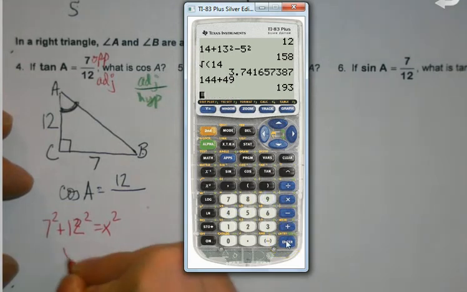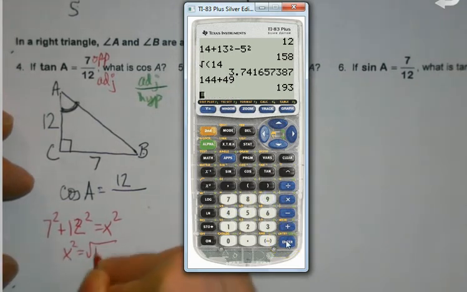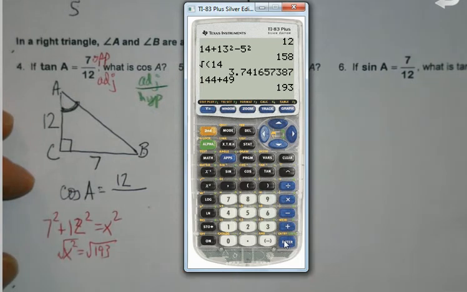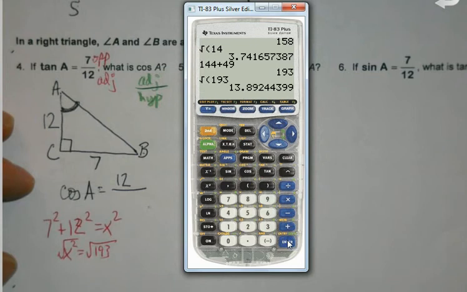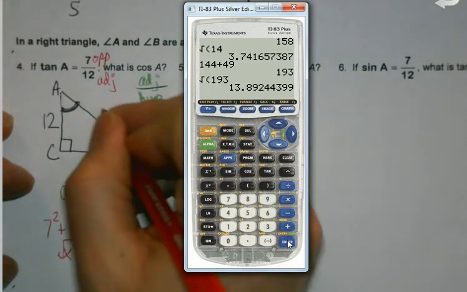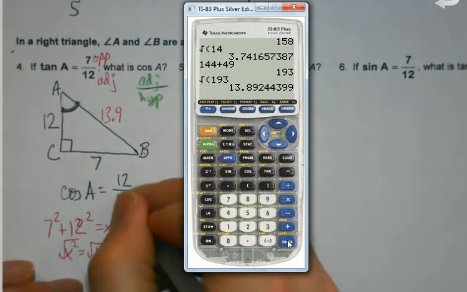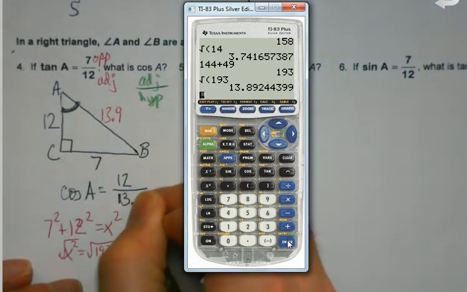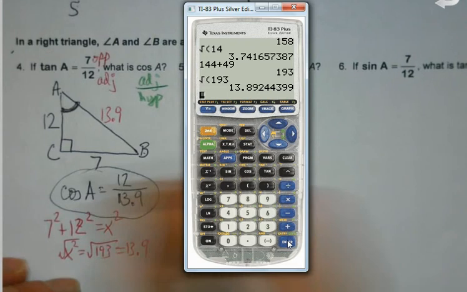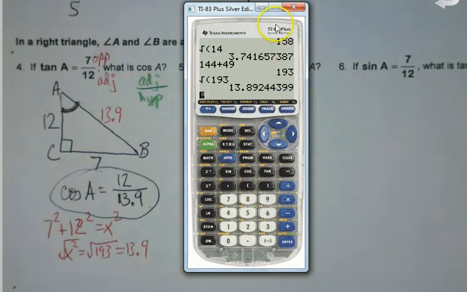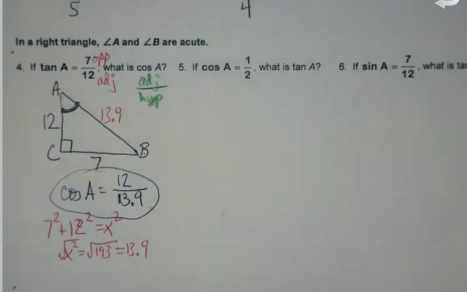So here, basically, I'm just taking the square root of 193. And you're going to get some decimals sometimes, and that's okay. So yeah, 13.9 is fine. Okay. And we're just looking for forms. If something goes in nice and it can reduce, that's great. But if it doesn't, not a bad deal.